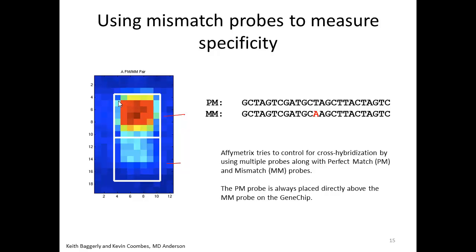Highs and lows will be thrown out, and it'll probably use the median here. And then finally, the specific amount of intensity for this feature on the gene will be all the fluorescence at the perfect match site subtracted by the non-specific binding at the mismatch site.